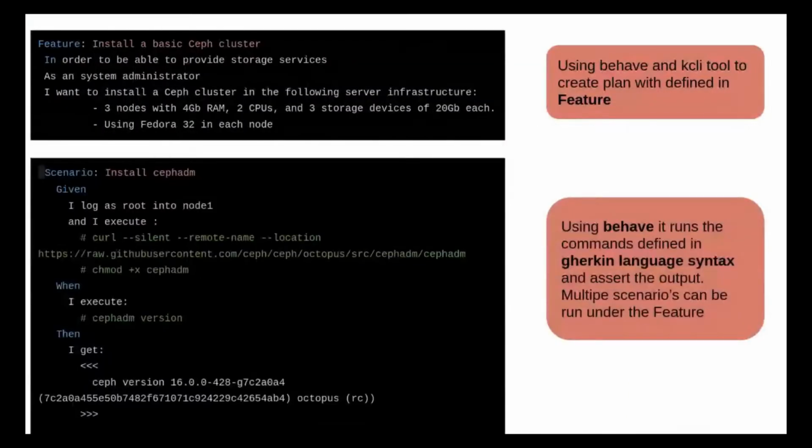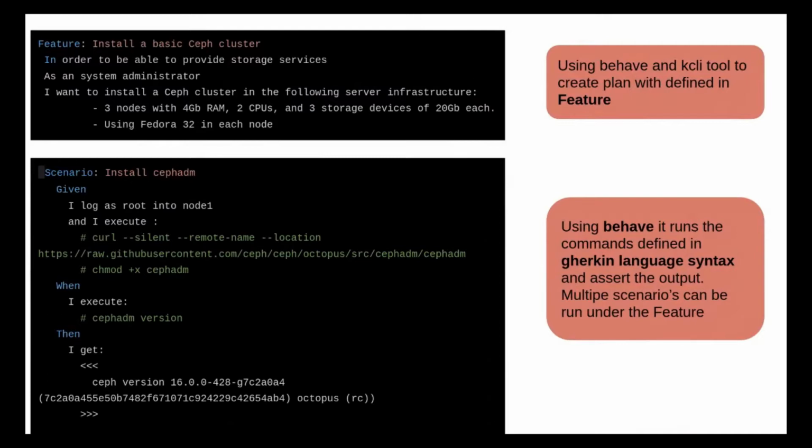Here is a sample structure of the feature file where we define the feature. Initially, we give a description of what the feature is, and we define the environment where we are going to execute these test scenarios. As you can see, for this example, it's 3 nodes with 4 gigs of RAM and 2 CPUs. Here we use behave to parse these specifications, and using KCLI we create a plan and get the virtual machines up and running.